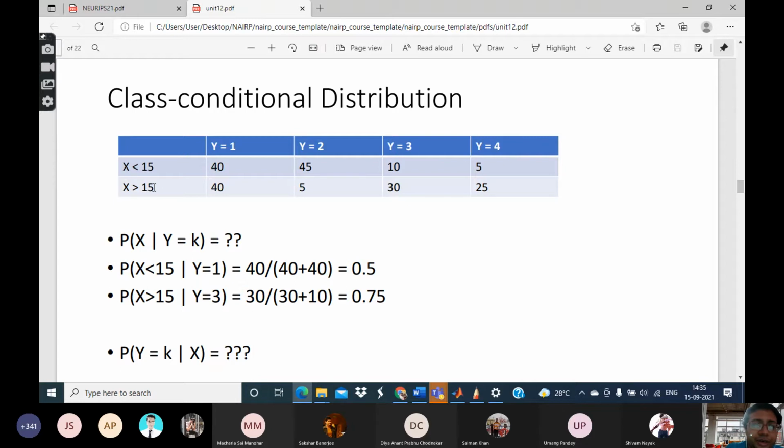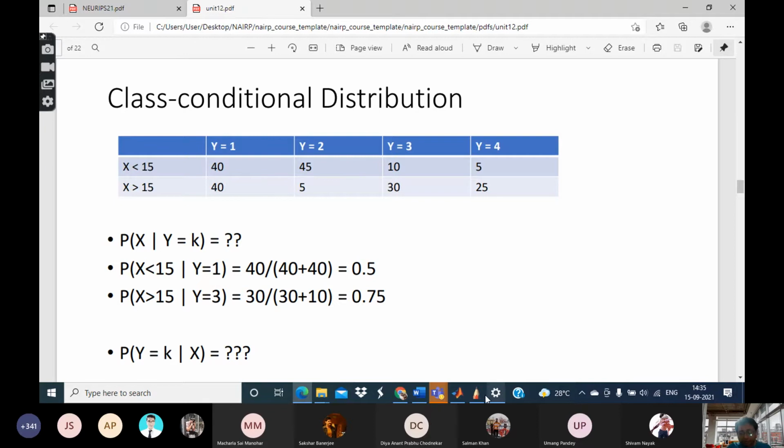Similarly, among all the 100 examples for whom the attribute is above 15, again 40 have label 1, 5 have label 2, 30 have label 3 and 25 have label 4. Okay. Now based on this we again go to the relative frequency calculations. So I can now easily calculate these kinds of quantities. Probability of x less than 15 given y equal to 1.